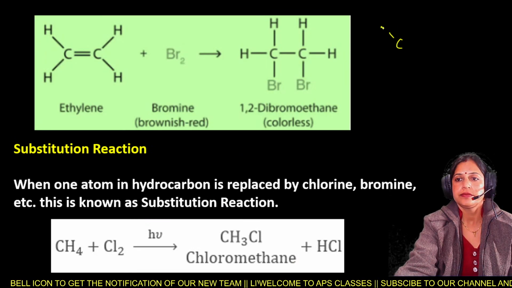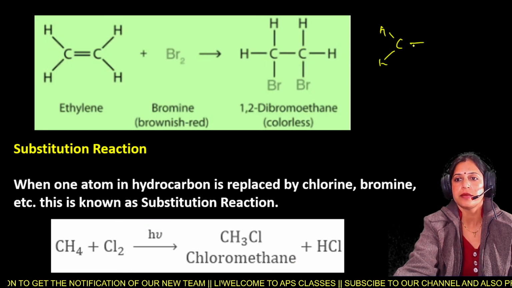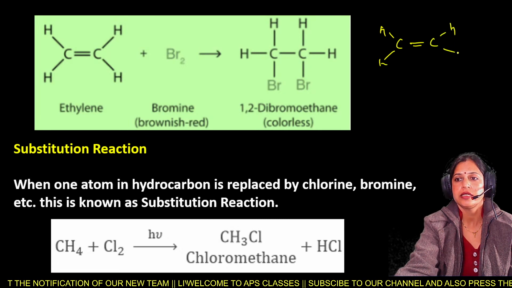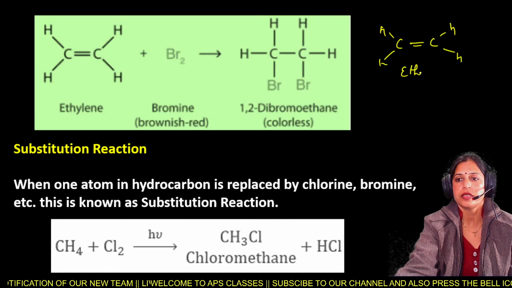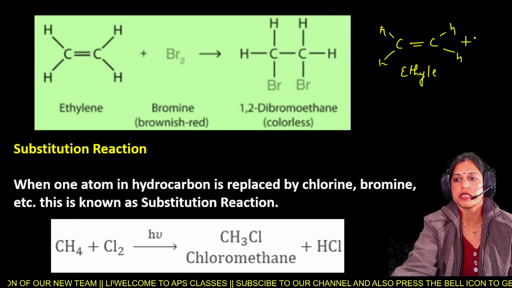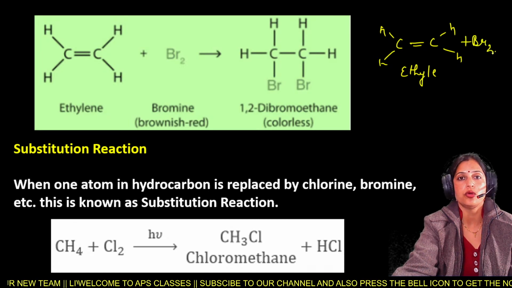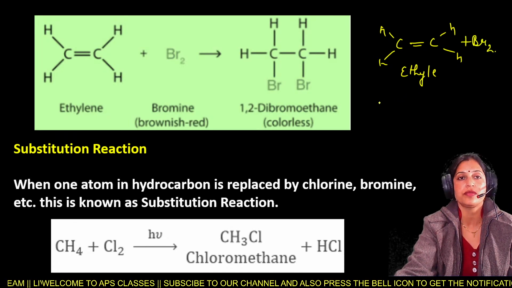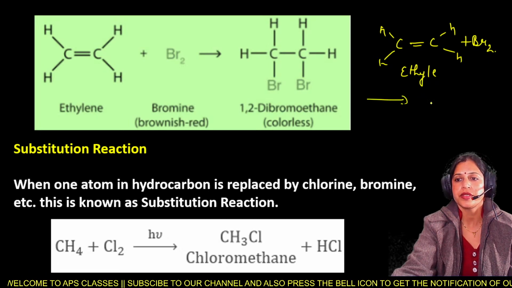Examples are: this is the example of ethylene plus addition of bromine, that is Br2, in the presence of nickel and platinum.